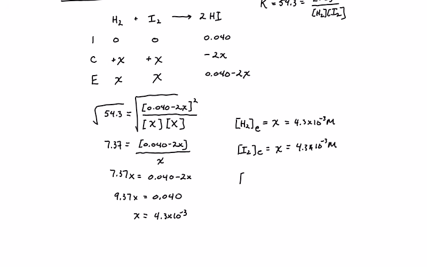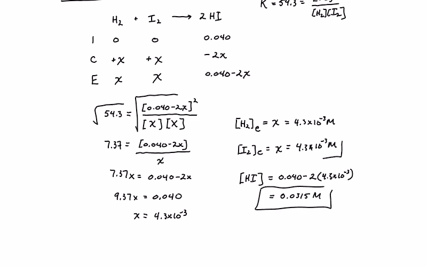Now HI is going to be equal to 0.040 minus 2 times x, which is again 4.3 times 10 to the negative third. And for that, I get 0.0315 molar. So these are our final answers. These are the equilibrium concentrations that we would attain.